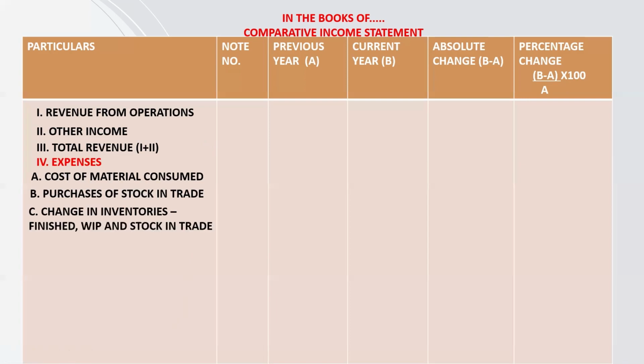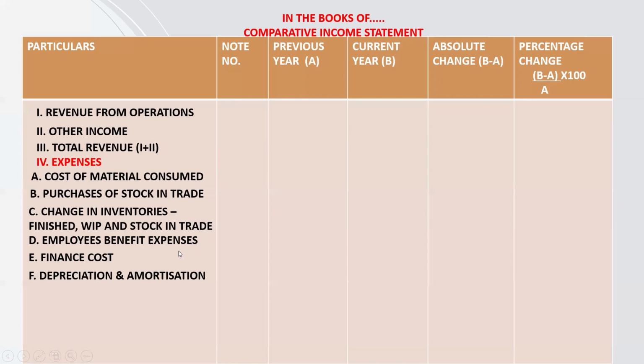Then we have change in inventories, and this change in inventory comprises finished goods, work in progress, and stock in trade, as the change in inventory of raw material is already adjusted when we calculated cost of material consumed. Then employee benefit expenses, finance cost, depreciation and amortization, other expenses. Now you will do the total of expenses.